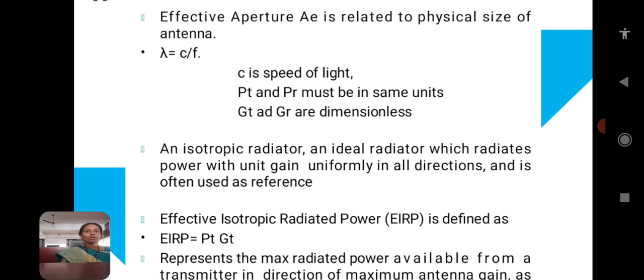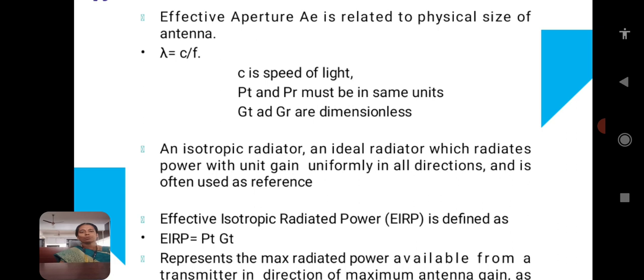An isotropic radiator, iso meaning equally in all directions. So this radiator is an ideal radiator which radiates the signal power with unity gain uniformly in all directions, that is in 360 degrees, and is often used as a reference radiator or reference antenna.